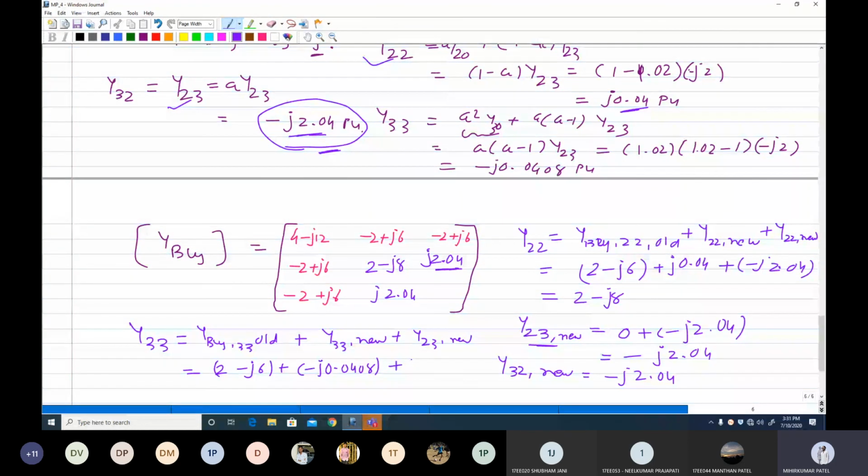And Y23 new is again minus j2.04. What is the final answer? 2 minus j8.448. Yes, very good. Just calculate it again.